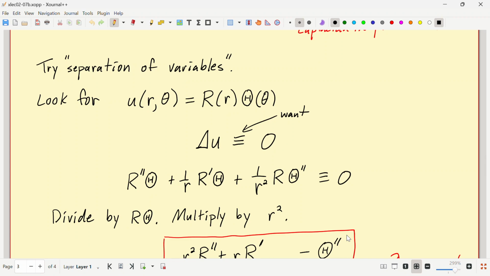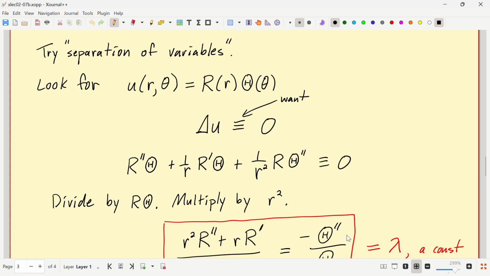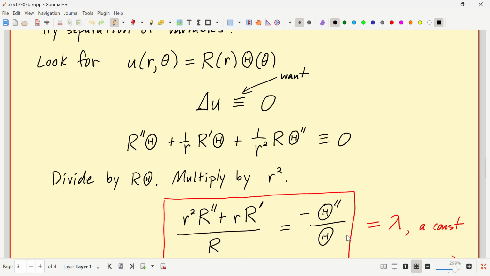And we're looking for a solution that, to use the method of separation of variables, is of a special form, R of r times Theta of theta. Hopefully we're going to find enough solutions that we can add them up and get a general solution. I wrote that out last time.